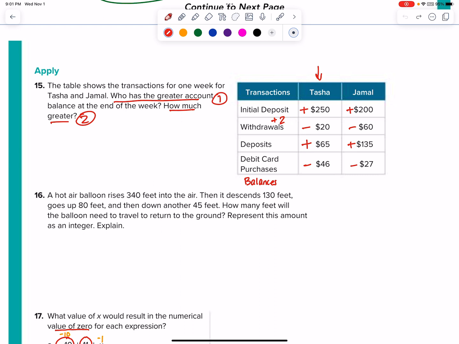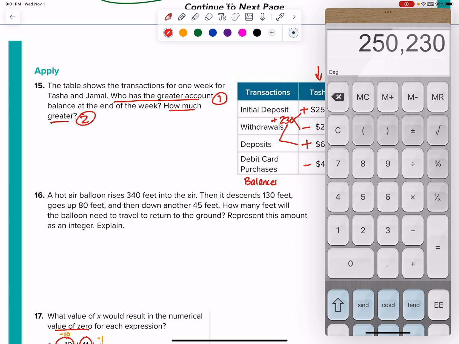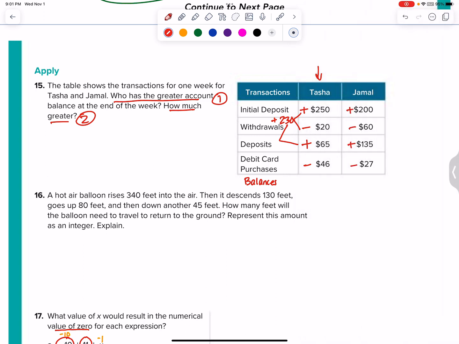I could even represent it this way. So I'll just show those equals a positive 230. Now I need to add 65. So obviously you know how adding works. So I'm going to represent this like that. So we have 230 plus 65. We have 295.